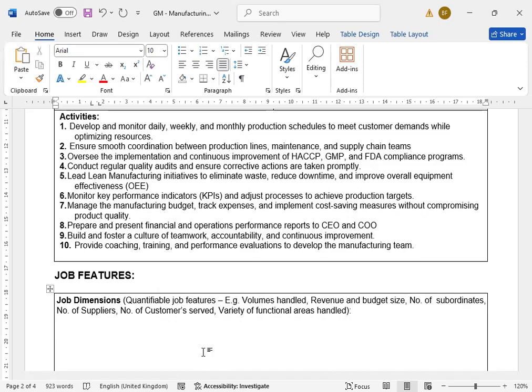This is about accountability. In addition to the technical know-how and the management breadth, accountability is also considered when the job evaluation committee or panel is doing job evaluation for this job. They will know the grade, or the size of the job. This is about job sizing. So in job sizing, job dimensions is very important.